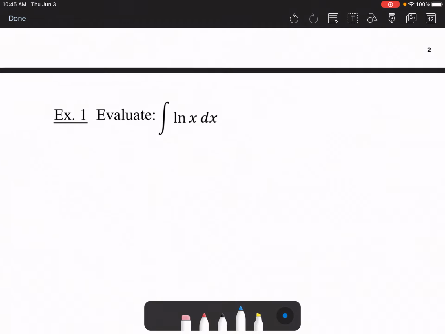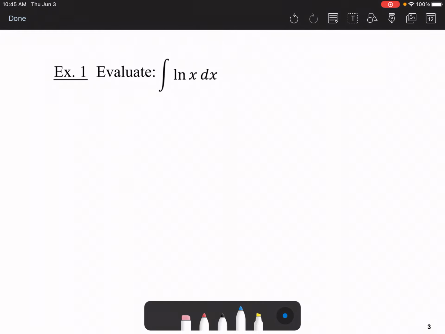So let's try a couple more examples. So let's evaluate the integral of ln x dx. So in this case, you probably want to let u equal ln x, because that can simplify to du equals 1 over x dx. And that means your value of dv is just dx.